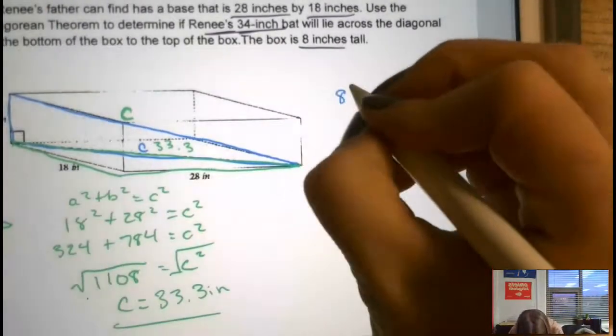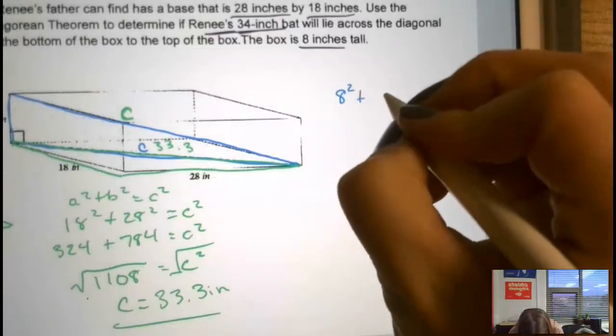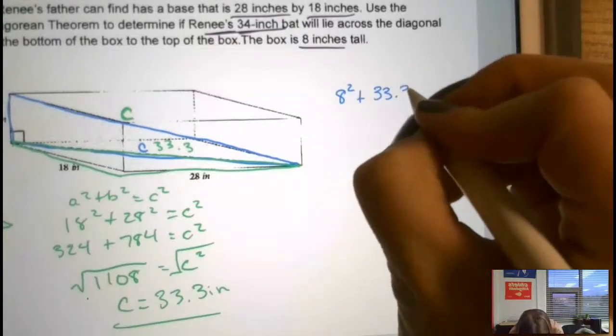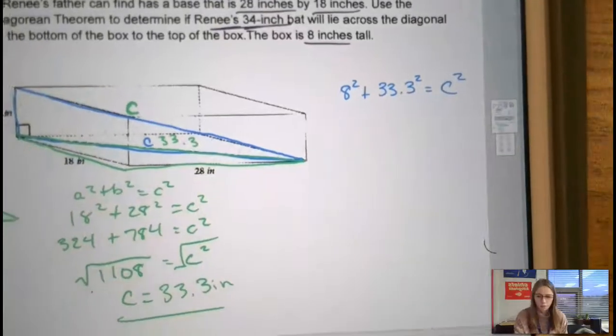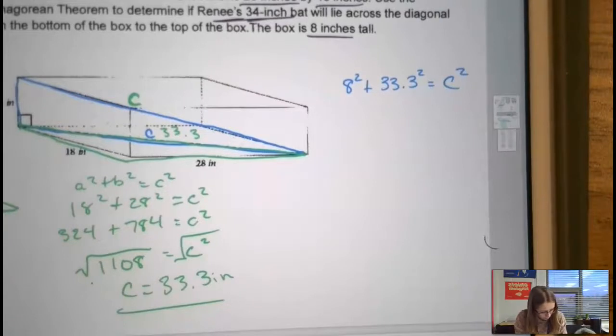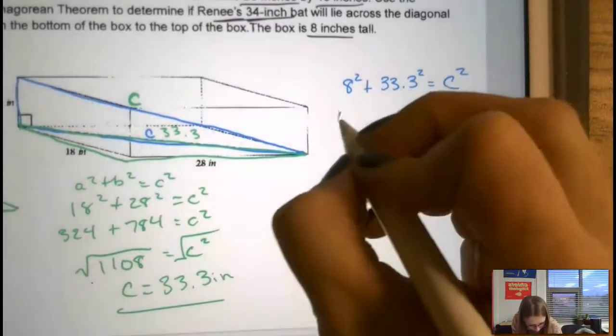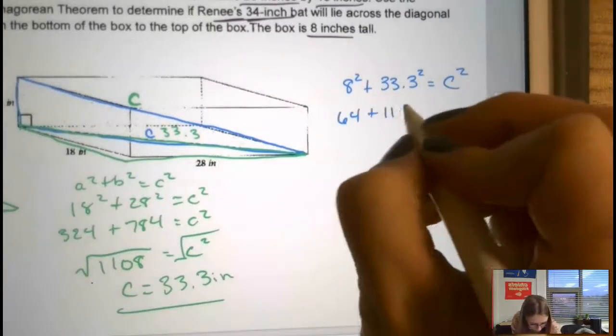So I'm going to have 8 squared plus 33.3 squared equals c squared. Alright, so here we go. We end up with 64 and then 1108.